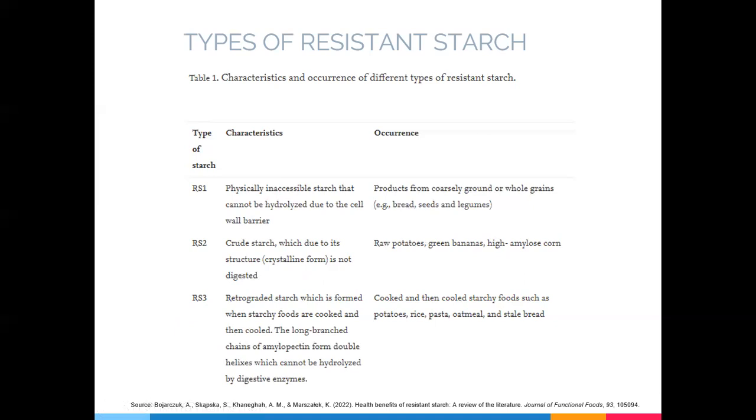RS3 is formed after cooling gelatinized starch. You remember what you have discussed from basic foods, right? When you heat a water and starch mixture, such as when you cook rice, the process that we can observe as the rice is cooked is called gelatinization.